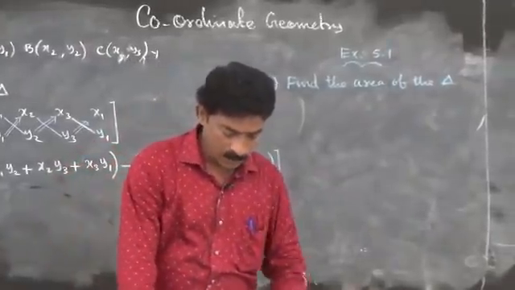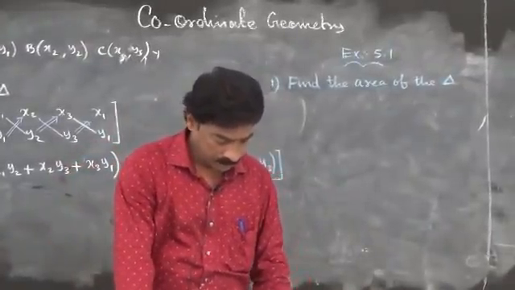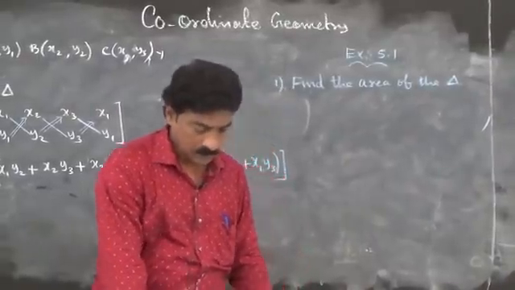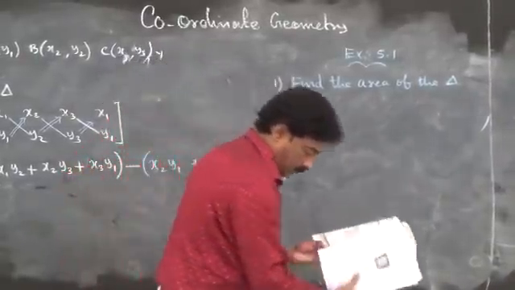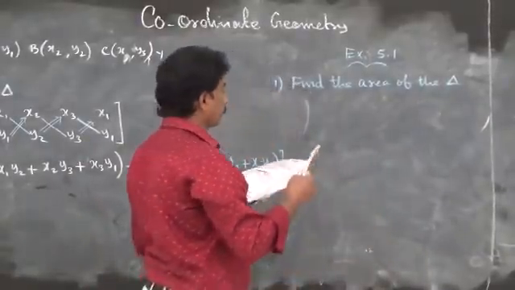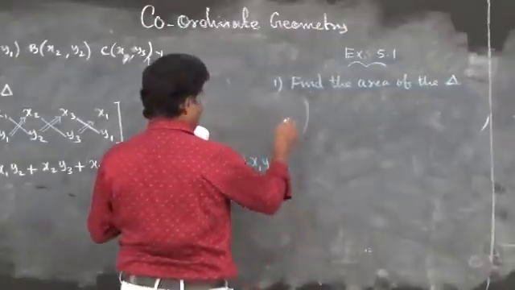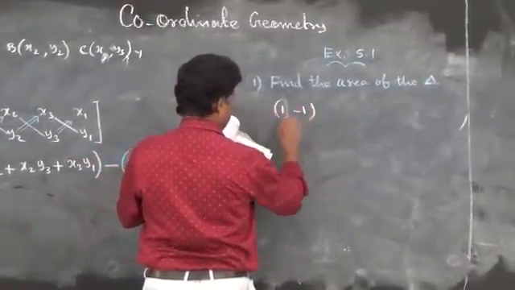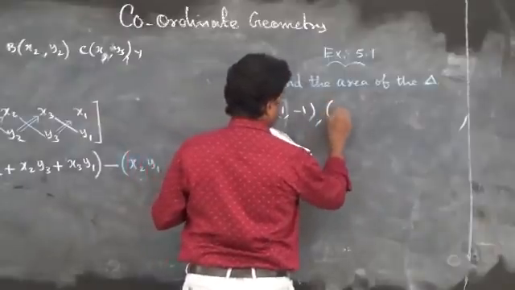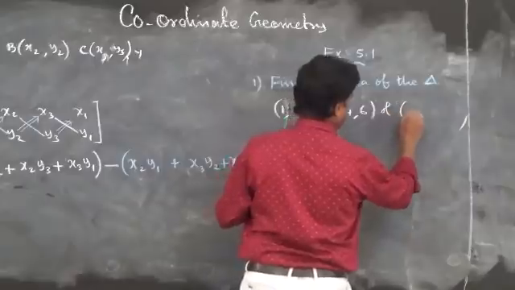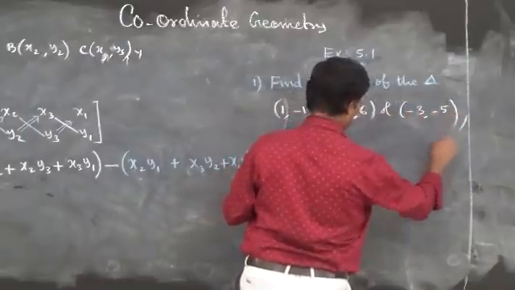If you look at the book, the vertices are given: 1, minus 1; minus 4, 6; and minus 3, minus 5.